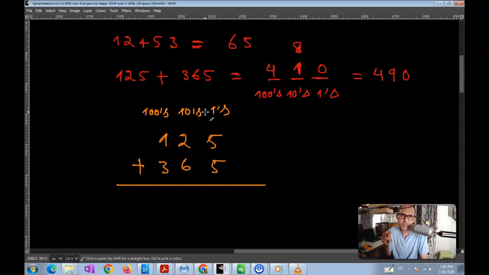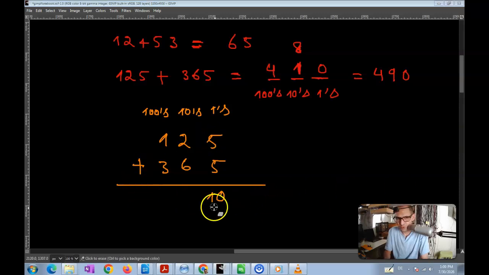That would be essentially 10 groups of 1. Now the problem is that I cannot write a 10 over here, right? Because we have the place value, and if you write a 10 over here, you would mess up the place value in the number.